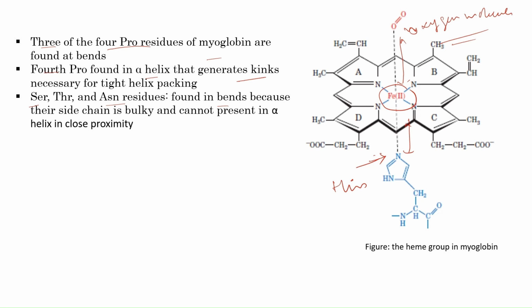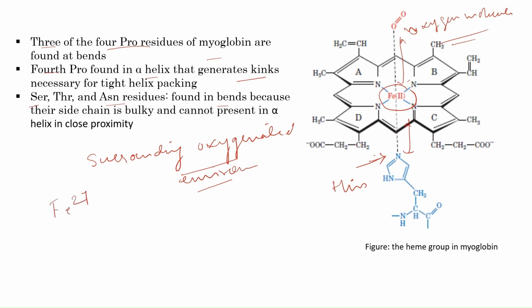And what is the importance of its being in the pocket? It remains separated from the surrounding oxygenated environment. So the cells are oxygenated, and this heme group is buried inside the myoglobin so that it can remain separated from the surrounding oxygenated environment. What happens if it does not remain separated? This Fe is present in Fe2+ form. Because of the oxygenated environment, it can get converted into Fe3+ form.